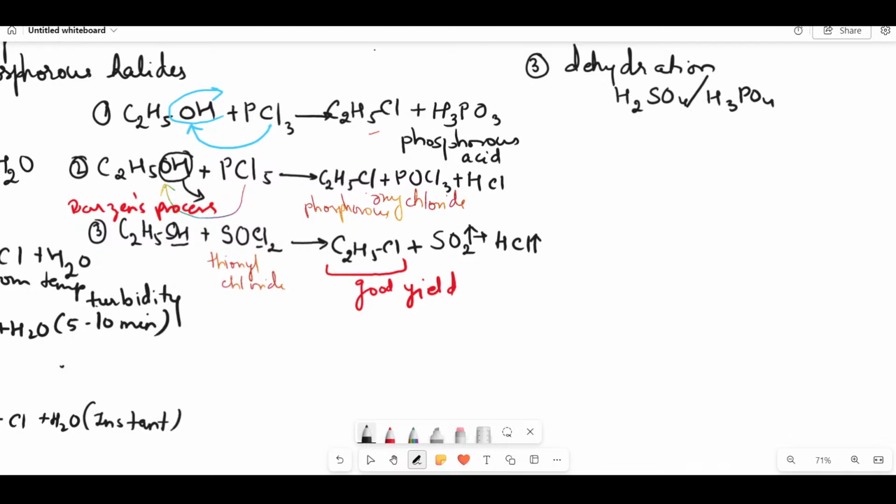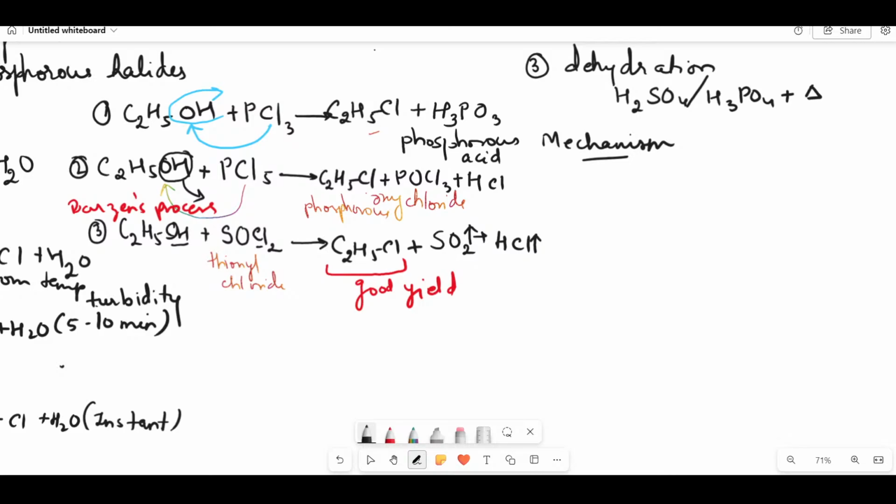These two are very good acids when it comes to removal of water. Along with heat, different temperatures are used from 180, 140 to 170. Let us first see the mechanism, how dehydration of alcohol takes place. Process is very simple. When any alcohol is treated with sulfuric acid at different temperatures, different products will be formed.